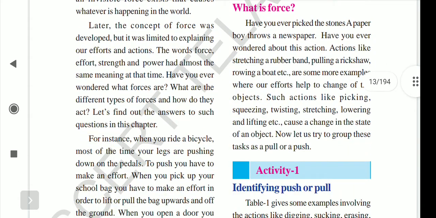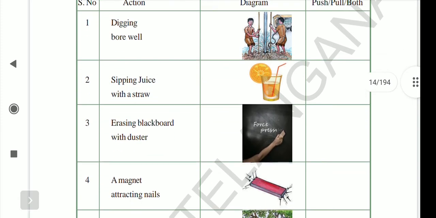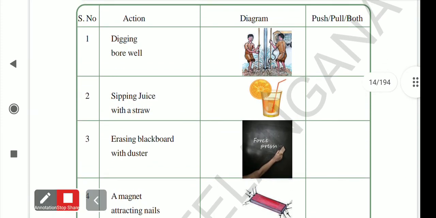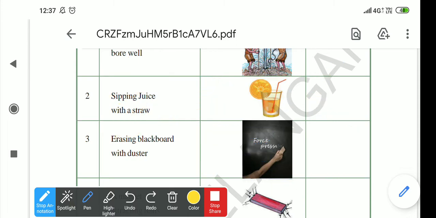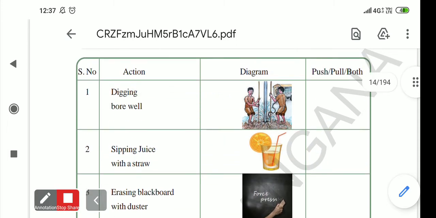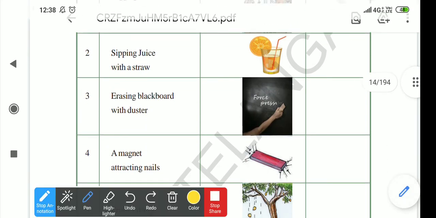Previously we have explained and gone through all these parts, and once again I would like to answer these questions. See here, this is both, this is pulling, this is both.